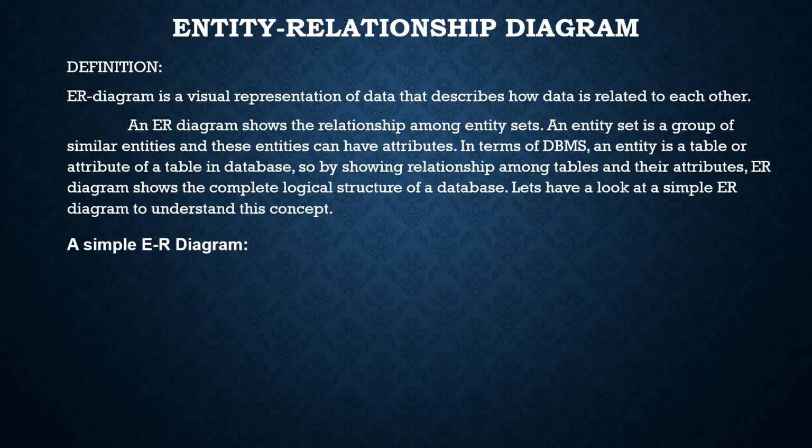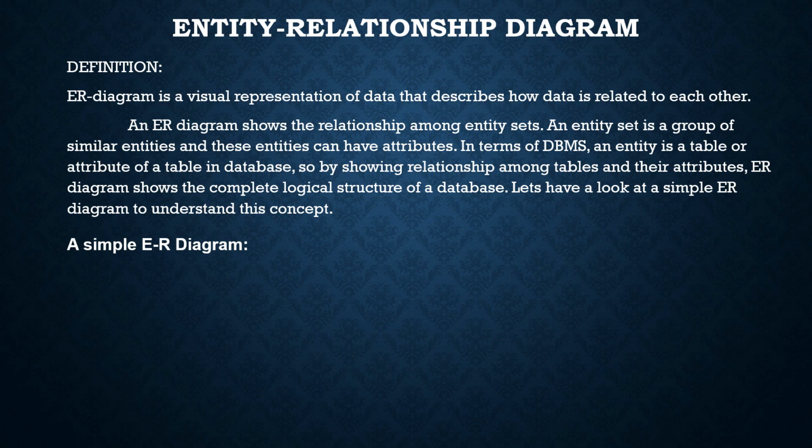An ER diagram is a visual representation of data that describes how data is related to each other. An ER diagram shows the relationship among entity sets. An entity set is a group of similar entities, and these entities can have attributes.